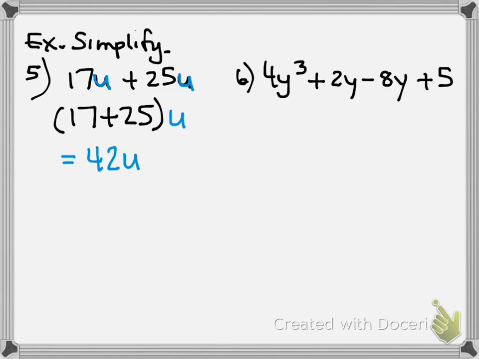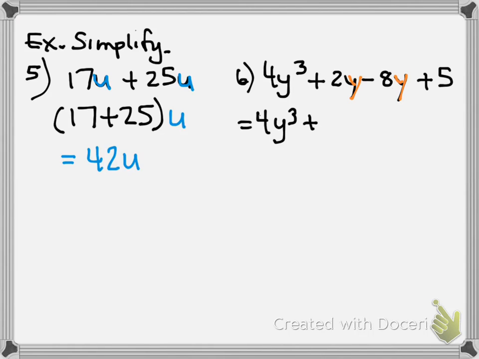Okay? So, look at this problem. Do you see any like terms in this problem? What do you see as like terms? These are the only like terms. So, here's what our problem looks like. I can't do anything with the 4y cubed.